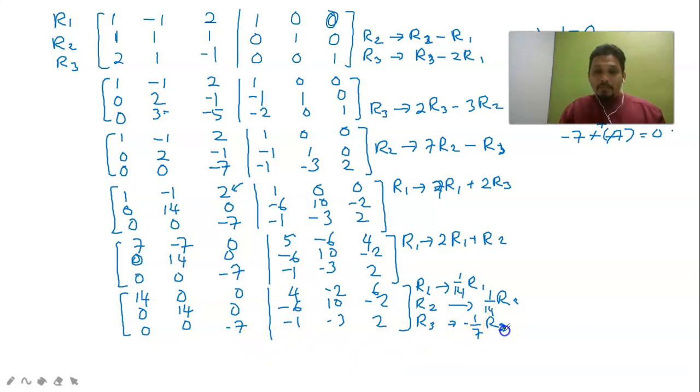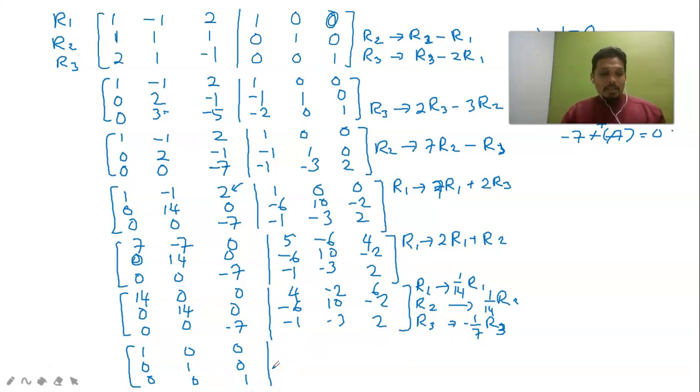Okay. So what's going to happen next? 14 times 1 over 14 is 1. 0, 0. 0, 14 times 1 over 14, 1, 0. 0, 0, negative 7 times negative 1 over 7, 1.